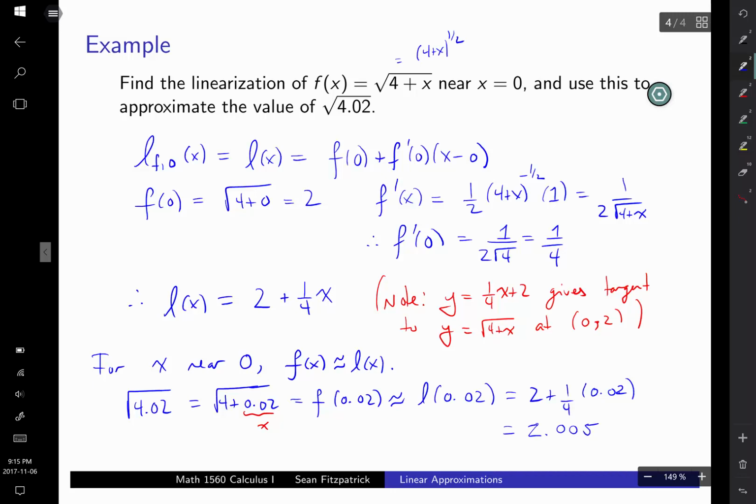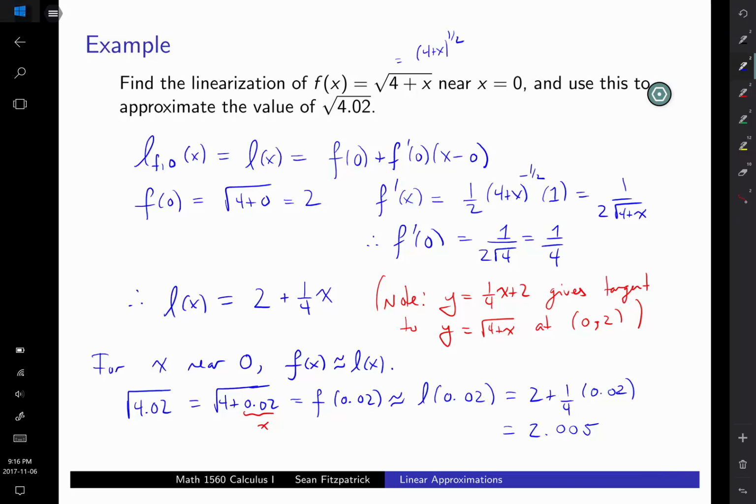And of course you could have done that in your calculator, but the point is that this is something that you could work out. This decimal here is something you can work out without the use of a calculator, whereas if you were trying to get the exact value for that square root, you wouldn't have much choice. You'd have to go to the calculator.